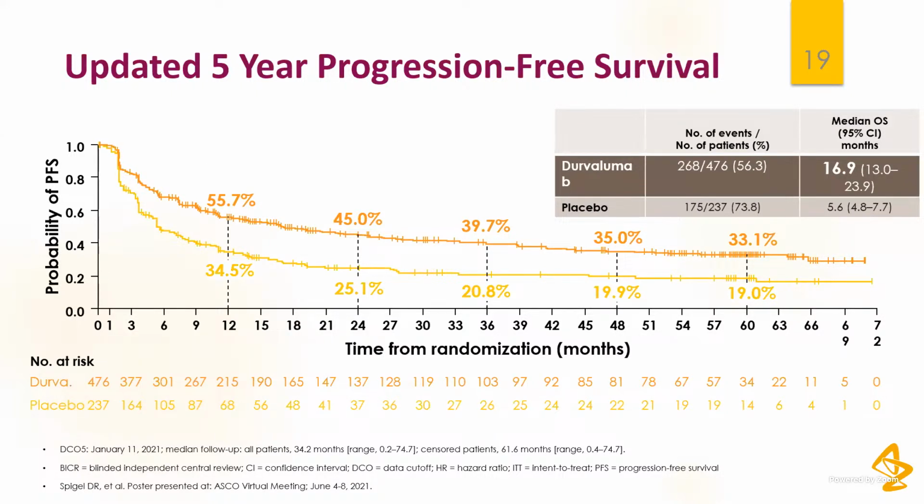Now coming to the progression-free survival. The PFS story is similar: the benefit started early on and continued at 5-year follow-up. The median PFS in the durvalumab arm was 16.9 months versus only 5.6 months.